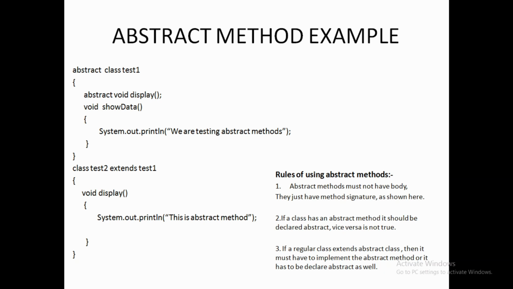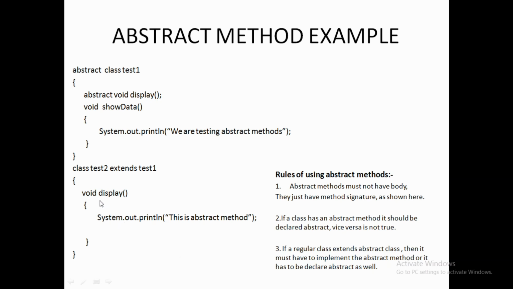Now the third point is that if a derived class is created from an abstract class, as in the case here, test2 is derived from test1, which is an abstract class, the test2 class must implement the abstract method. By saying implement, I mean that inside the derived class, the abstract method should have a function body.